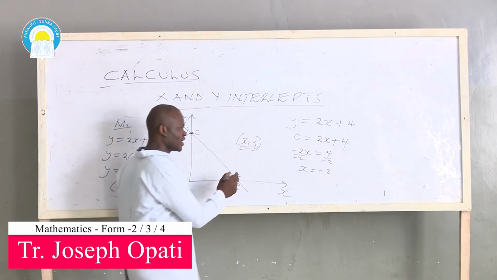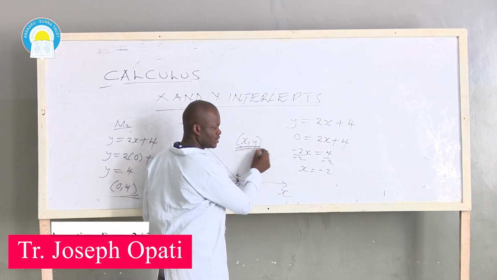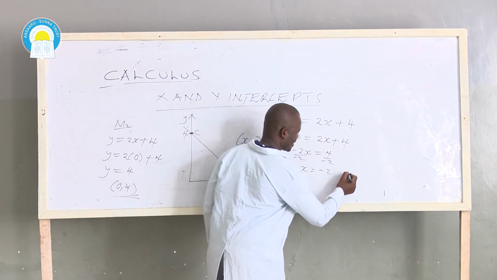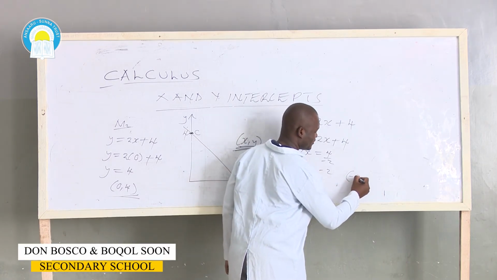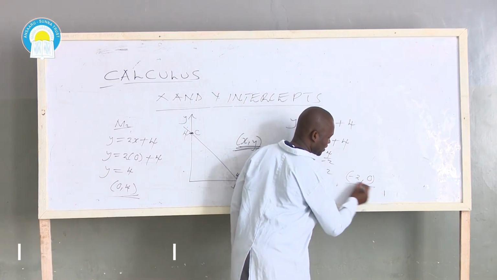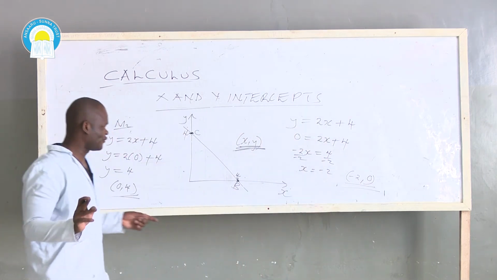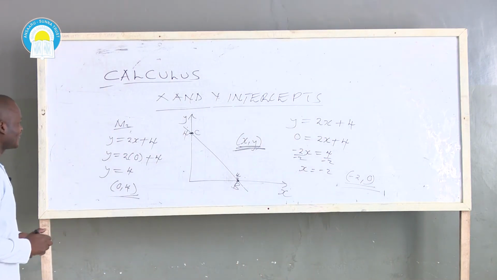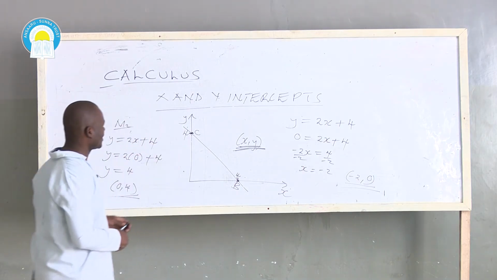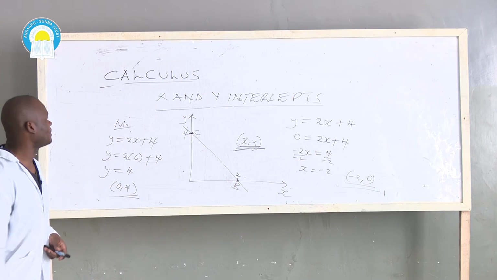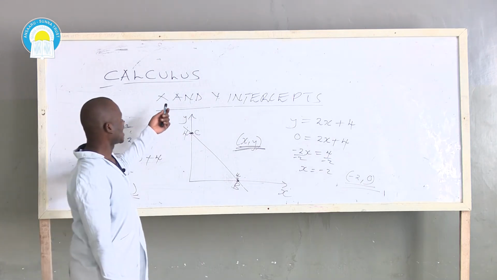A point implying it must have two coordinates. So the eventual answer should be not negative 2 but (-2, 0). You give it in terms of a full coordinate.